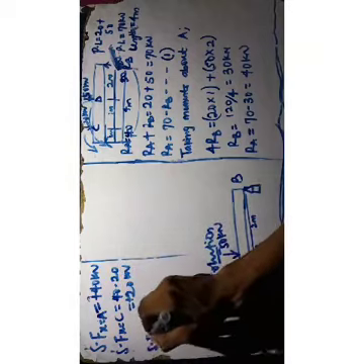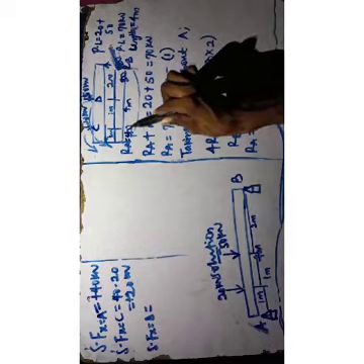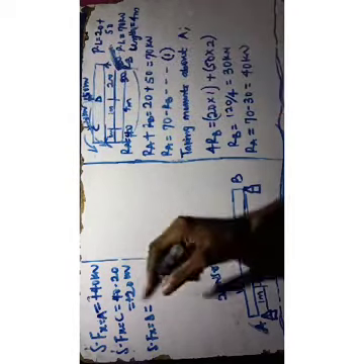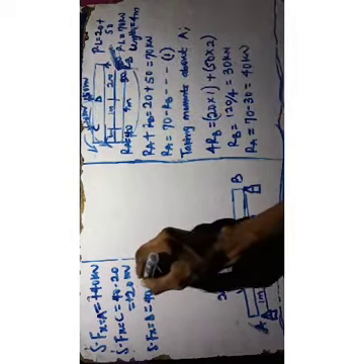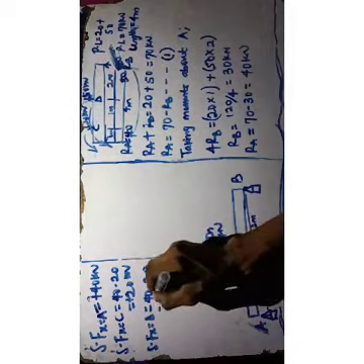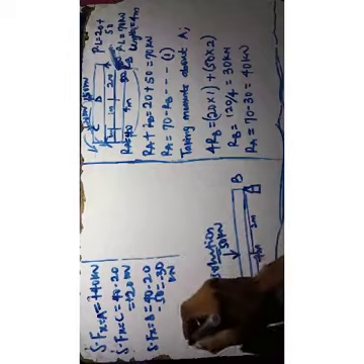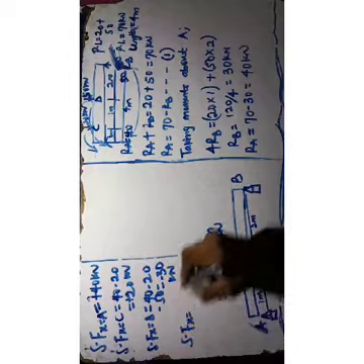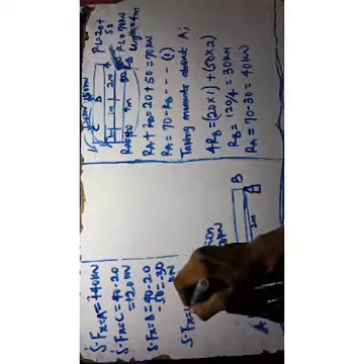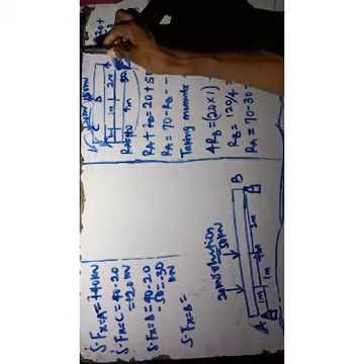Our shear force at x equal to D will be 40 minus 20 minus 50, that will be minus 30 kilonewton. Our shear force at x equal to B, which is the last part, will be equal to the force here, right?